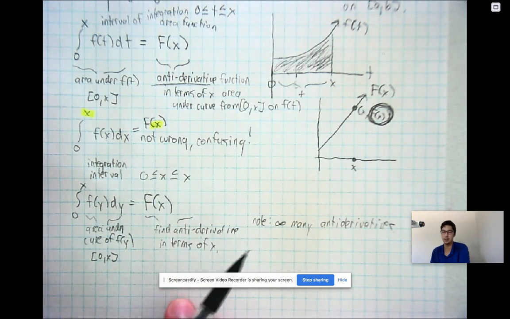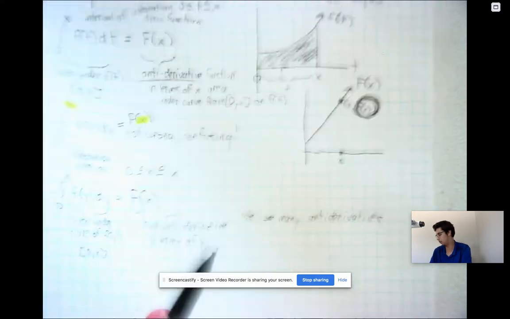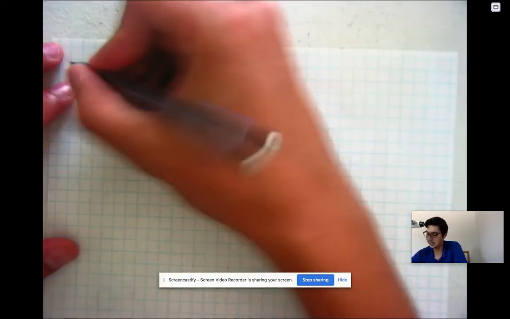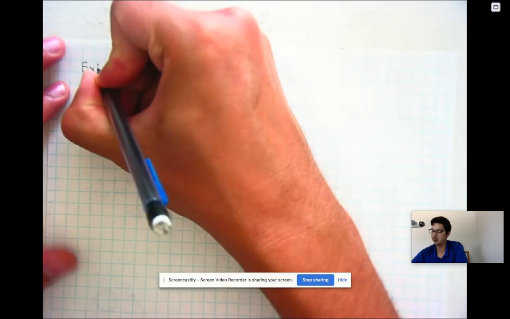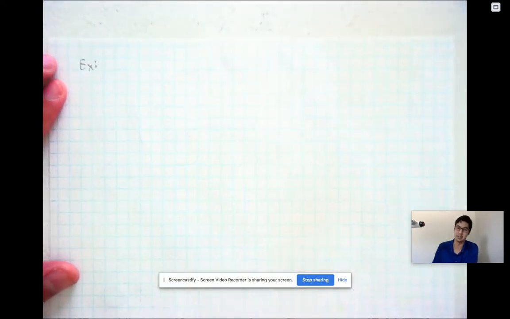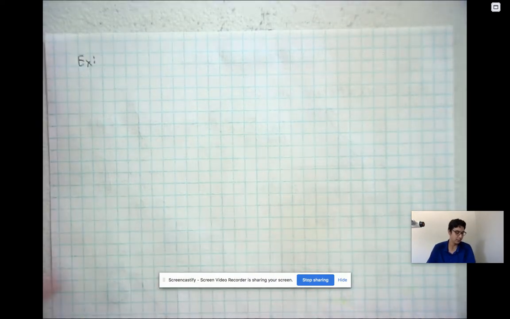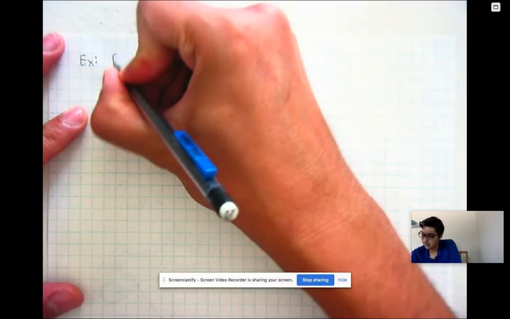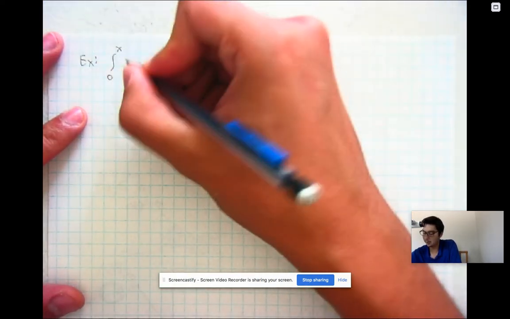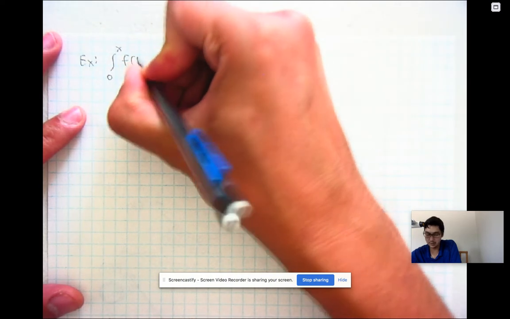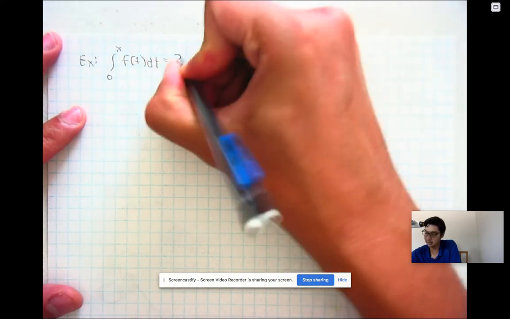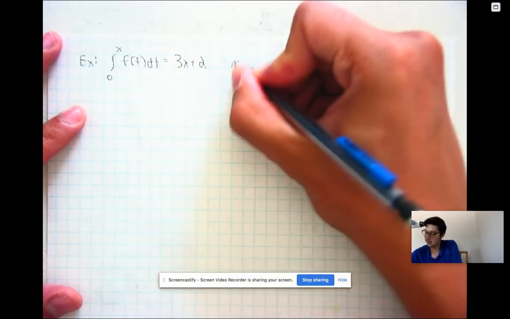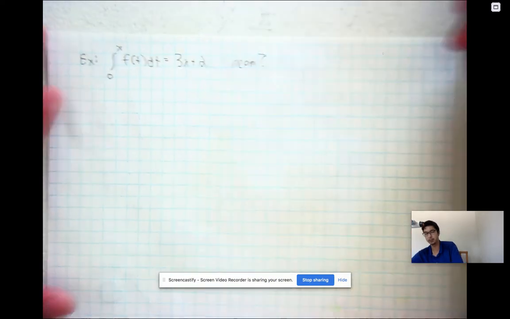All right. So I'm going to flip this paper over and let's look at an example. We're going to explore something together real quick that I don't think the book does necessarily a nice job doing. But let's look at, well, before we do that, 0 to x of f of t dt equals 3x plus 2. What does this mean? Let me just quickly talk about what this means with you.